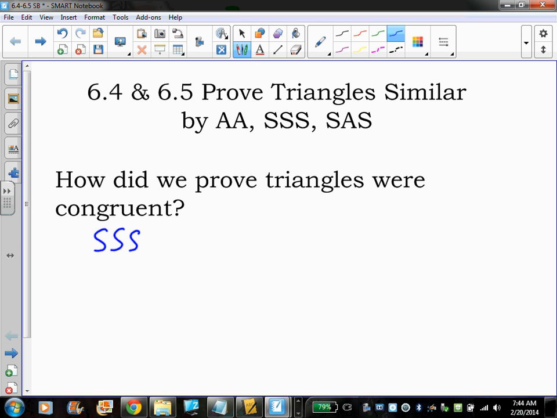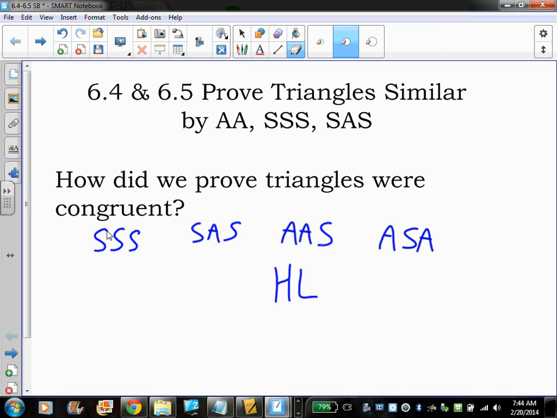Or if we know that two sides and the angle between them are congruent, then we can say that the triangles are congruent. Or if we have two angles in a row and then a side, we know that the triangles are congruent. And if we have two angles and the side between them, then we can say that two triangles are congruent. And if it's a right triangle, we have the hypotenuse leg theorem, saying that if we had the hypotenuse and the leg being congruent, then the triangles were congruent too.